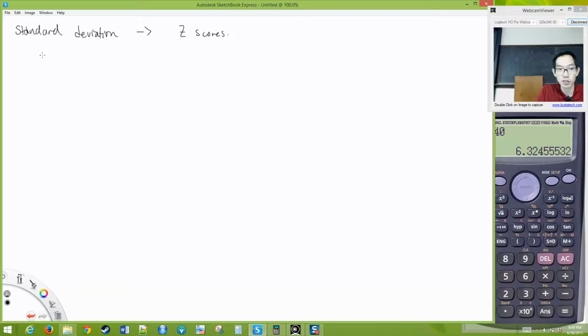Okay, so z-score is the distance a point is from the mean, expressed in standard deviations.